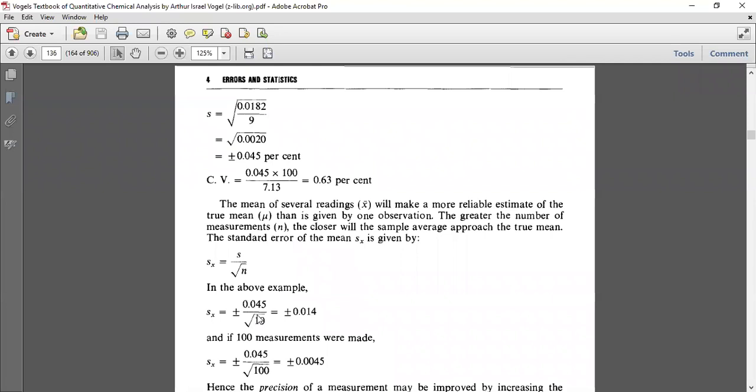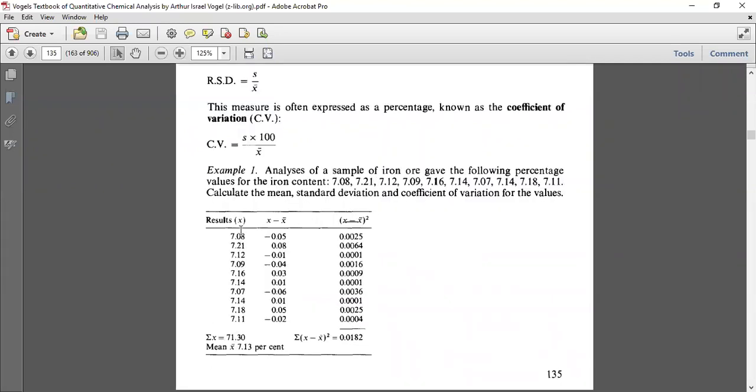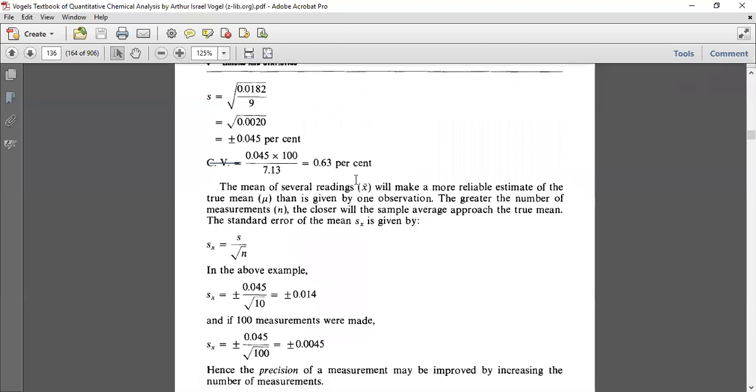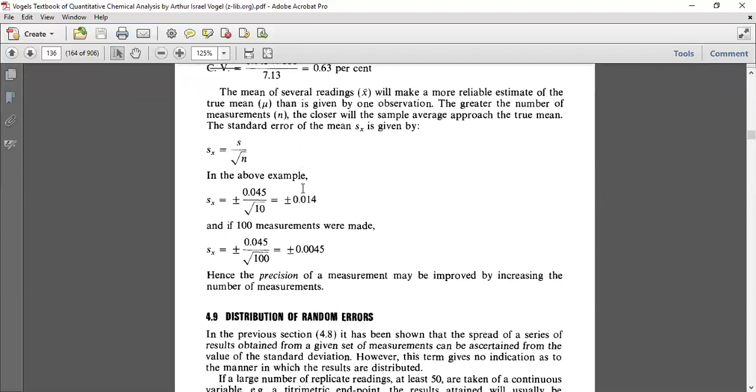So we got the mean over here: the addition of all these observations is 71.30, divided by the number of observations, so that will be 7.13. Then the standard deviation S value is 0.0182 divided by 9, and this is the CV value multiplied by 100. In this way we have calculated mean, standard deviation, and coefficient of variation.